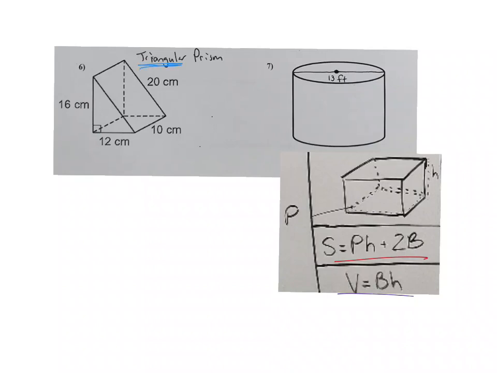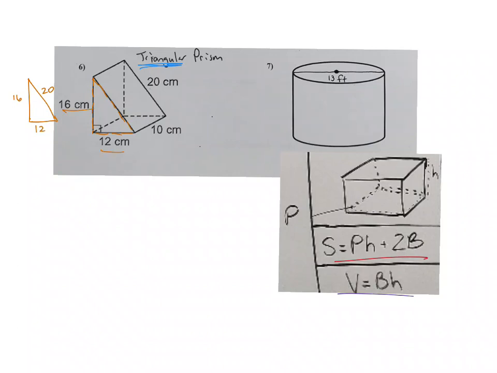This triangular part means that this is the base. So it is not laying on its base, it's laying on its side. All right, this is the base. So I'm going to pull out that triangle, and I find out it is 12 by 16 by 20.